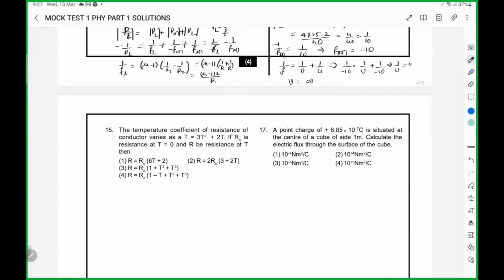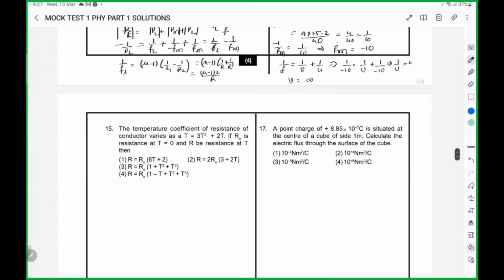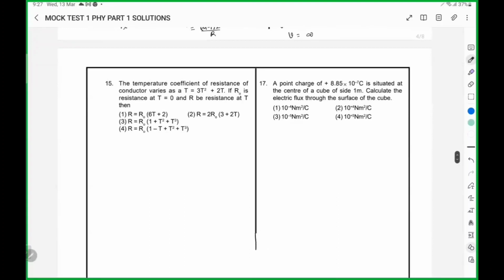The temperature coefficient of resistance. Here the temperature varies, it's not a constant. So how does resistance change with respect to temperature? R2 is R1 into 1 plus temperature coefficient of resistance into delta T. Initially, he told R0.